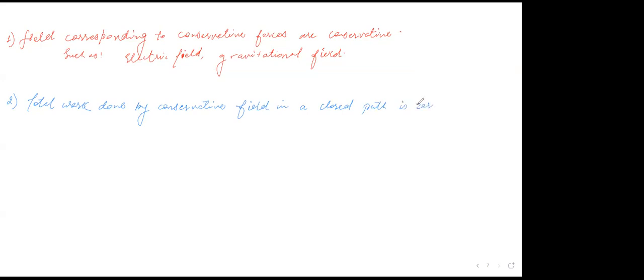is 0. Suppose this is your field and a charged particle is carried from A to B first, and then carried from B back to A again. Now this path is closed.